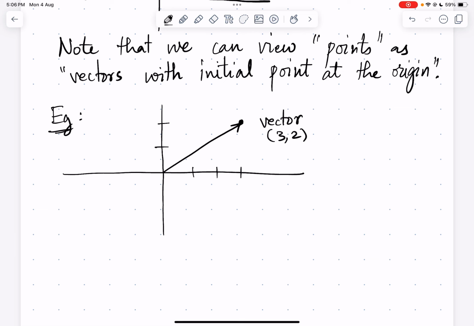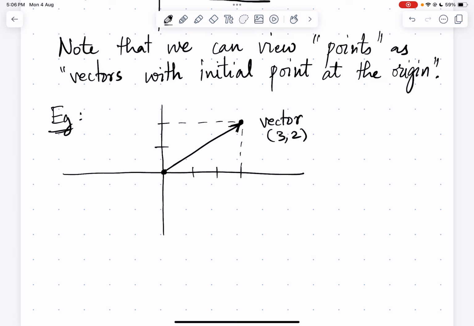This point 3 comma 2 in the coordinate plane can be viewed as a vector with initial point at the origin. So whenever we think of a point in the coordinate plane, we can think of the vector from origin to that point, and we can treat that point as simply this vector.